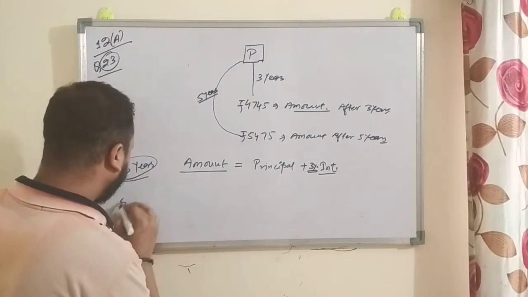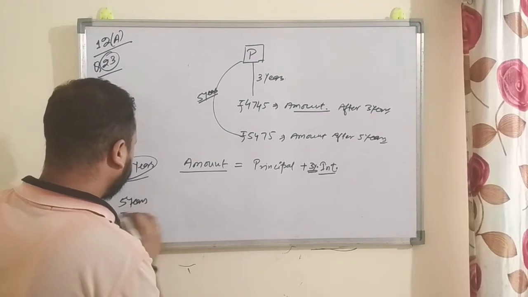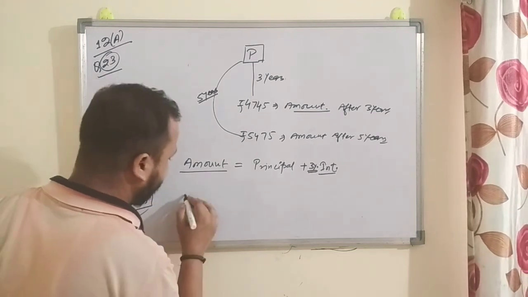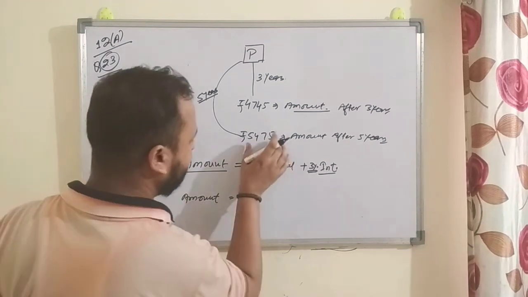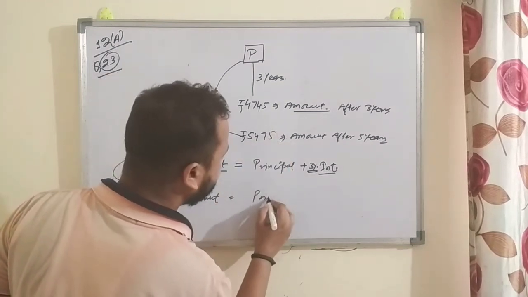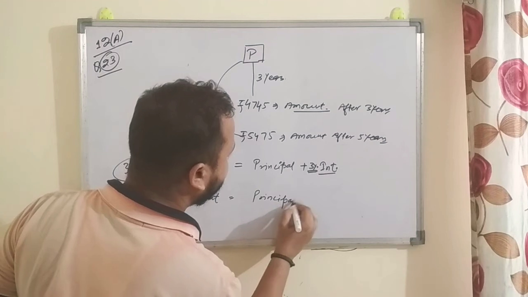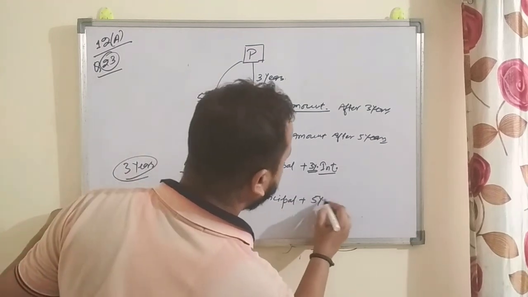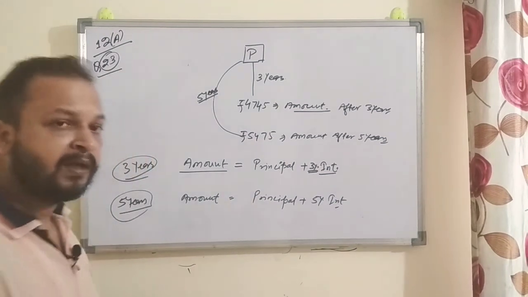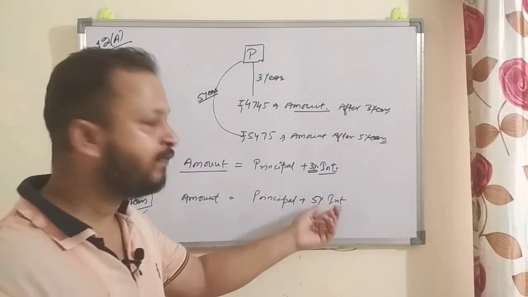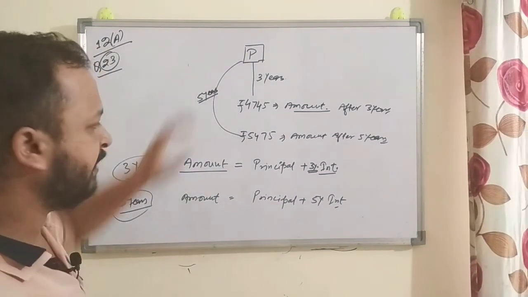And in the same way, if we are talking about 5 years, the total amount he was getting is the sum of principal plus 5 years of interest, right? Principal is there and 5 years of interest is there after 5 years.